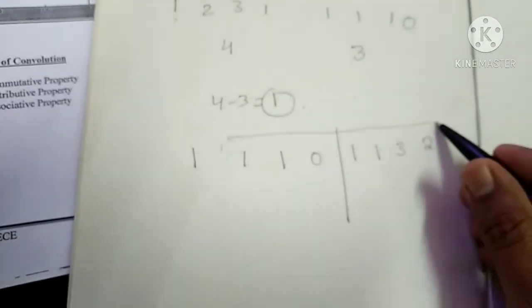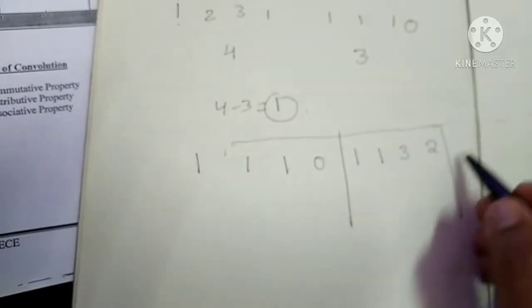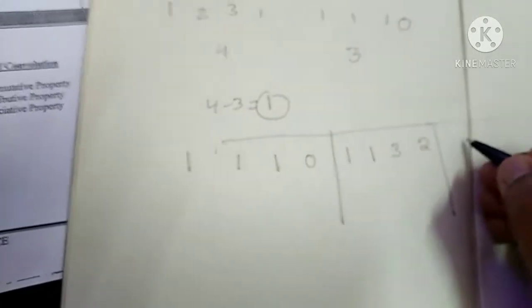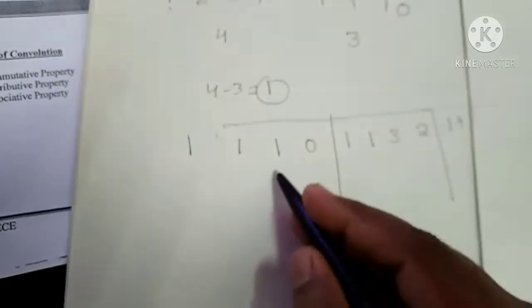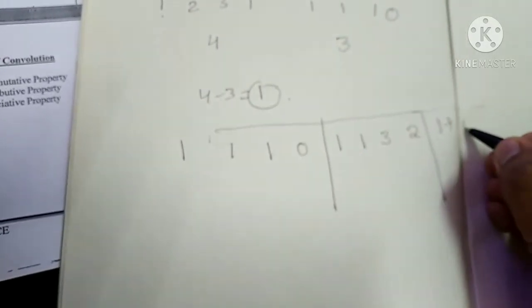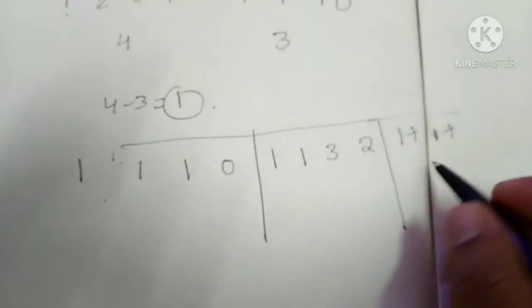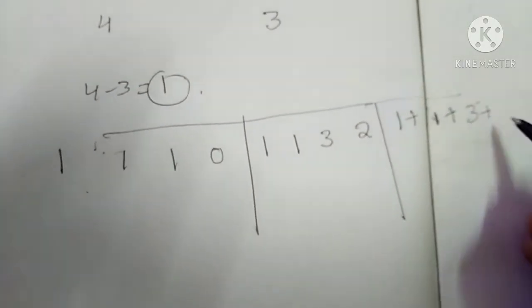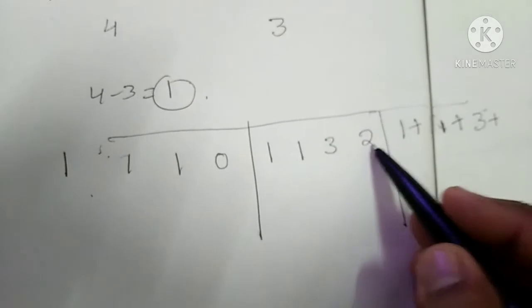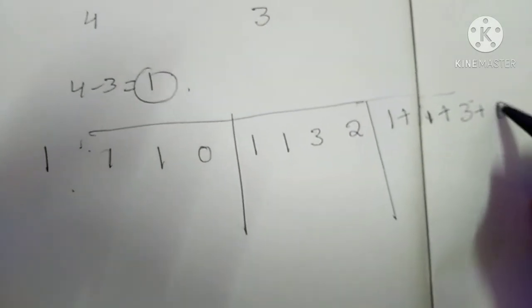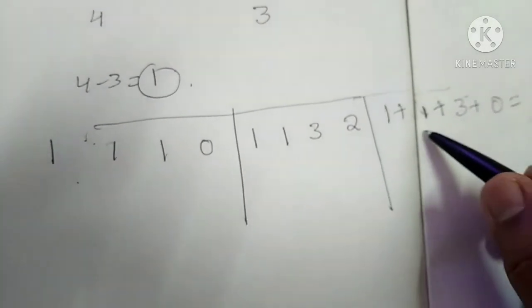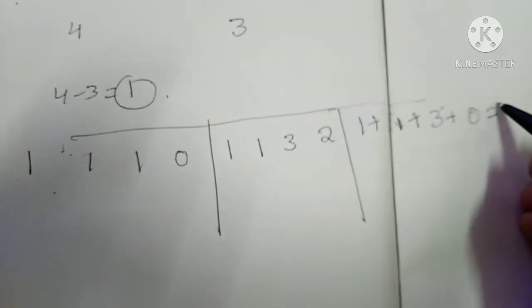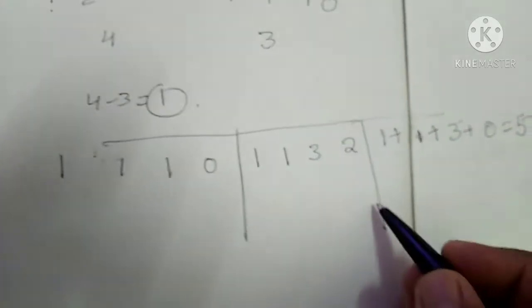Go for multiplying them and adding them. So 1 1s are 1 plus 1 1s are 1 plus here 1 3s are 3 plus 0 into 2 we are having 0. So the value is 3 plus 1 is 4, 4 plus 1 we are having a value 5.